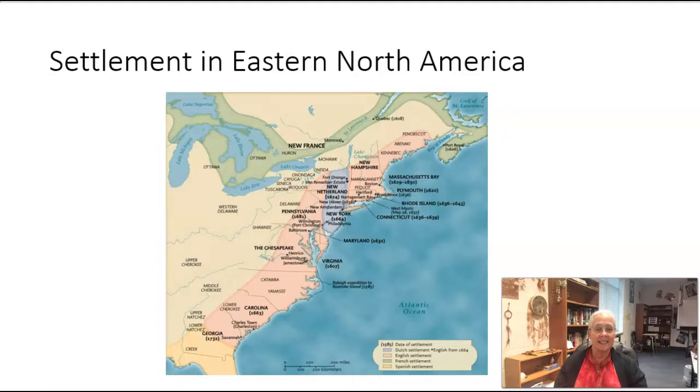But as slavery does begin to grow, then it is going to start being regulated. Your first slave codes are going to start in the 1600s, where even if a mixed marriage, so you have a white and a black marrying together, and they had a child, well, the child would follow the status of the mother.